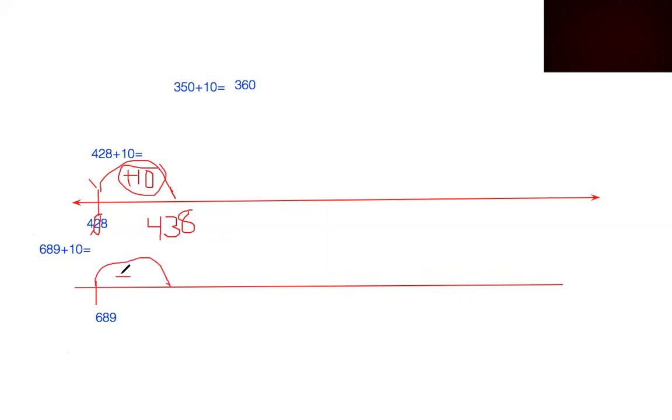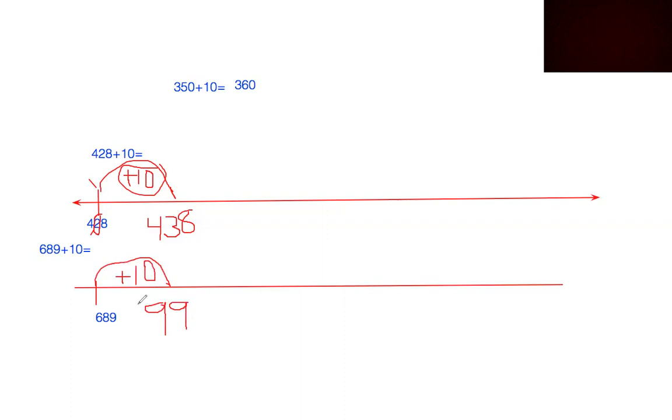Don't forget to write that you added 10 so you don't forget. What does our ones place turn into? Gotcha, it stays the same. Very good, boys and girls. And our tens place? 9, very good. And what about the 100s place? Does that change at all?